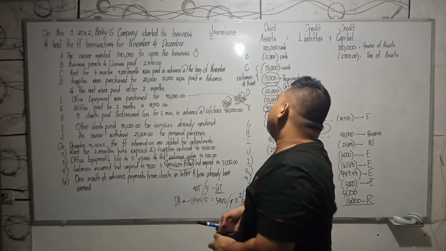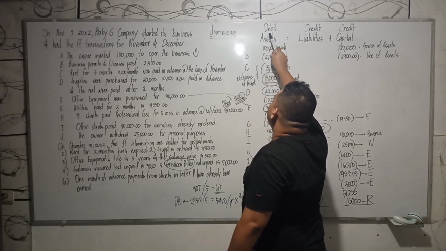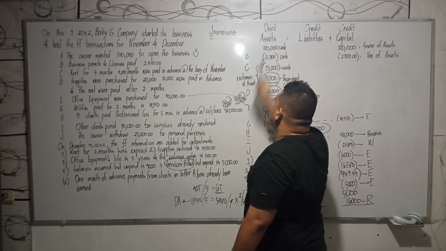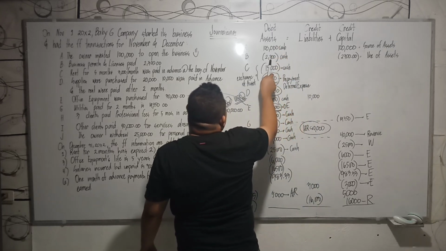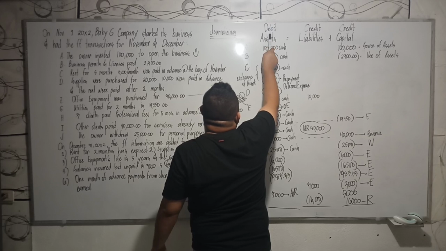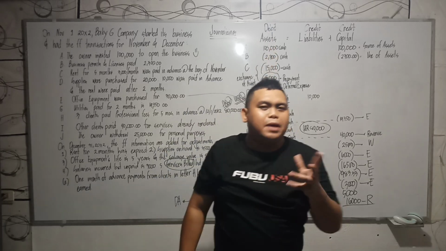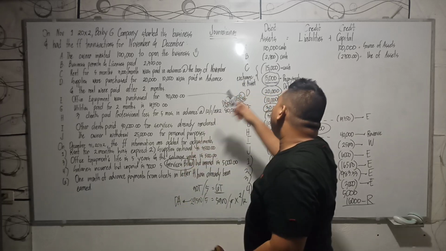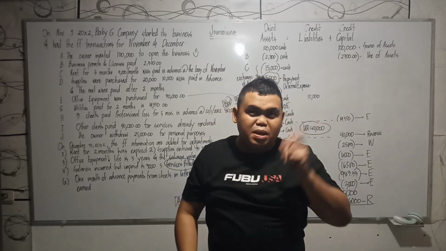Of course, since there is also a credit, even if the normal balance of the assets is debit, sometimes these assets decrease. So you cannot use debit, because debit means increase of assets. What will happen? You use credit whenever there is a decrease in the assets. That's the meaning of that.